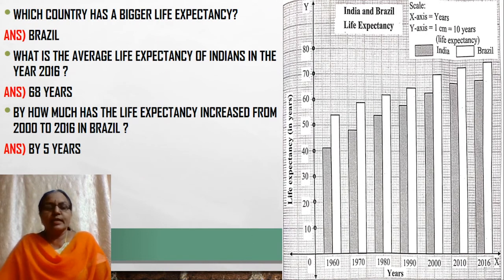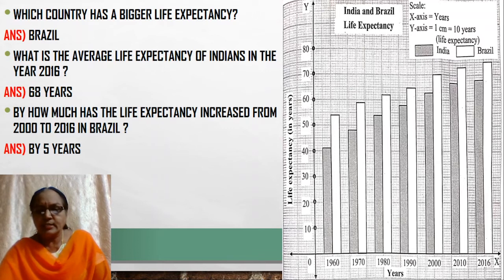Moving on to the second question. Look at this graph here. This is a joint bar graph which shows the life expectancy of India and Brazil. Now on the x-axis, we find time, or in other words, years are given.